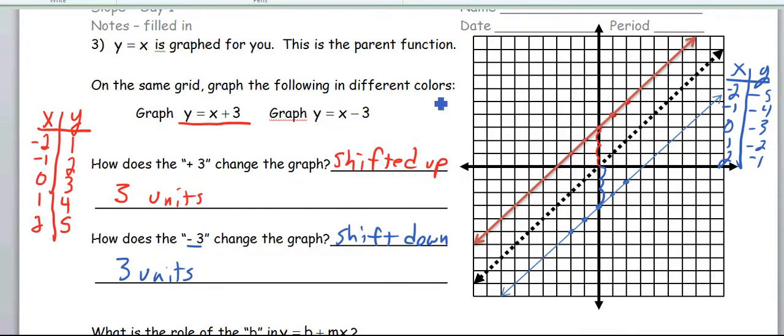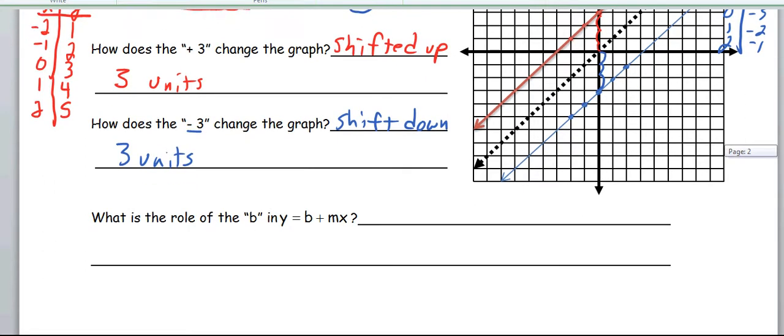Interesting. The x doesn't have a coefficient here. It doesn't have a coefficient here. So the slope didn't change at all. But this number right here, this -3, or in this case the +3, caused the whole graph to shift up or down. Very interesting.